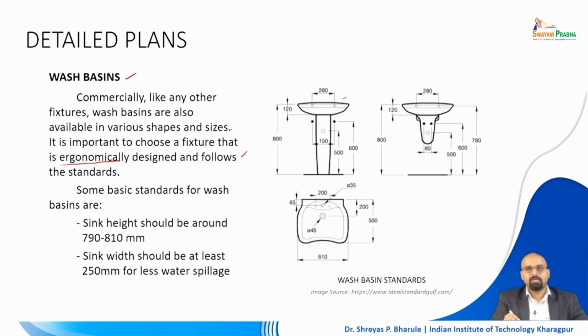These are ergonomically designed, and often the manufacturer also provides a guideline of where and how it is to be placed, but the architect's guideline can be taken with discretion and in discussion with the client, about where the particular basin or appliance is required, and then it can be placed accordingly.